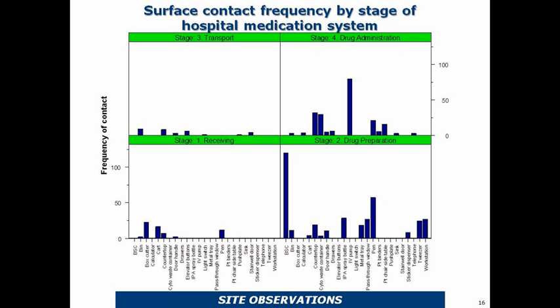So then this is sterile door, that's a common one. Then we've got the bin where the drugs are placed. So this is, again, some novel surfaces that were never examined previously in the literature, and we were able to discover this based on the site observations.